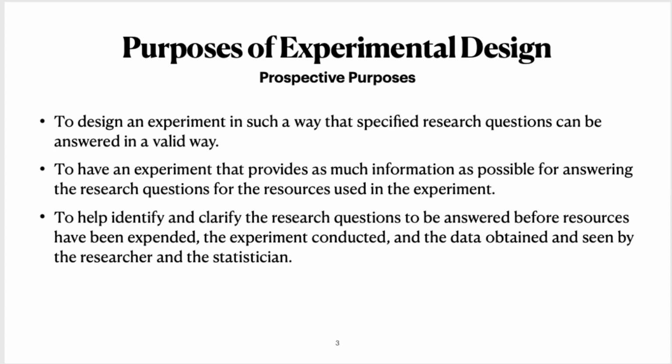They're expending time and energy and resources, money and experimental material to do these experiments, to learn something, and then perhaps to publish results. And so they want to have the most information resulting from such an experiment as possible. So that almost goes without saying, but we do have to think about that. And it does take a little bit of work to consider various experimental designs for a given situation.